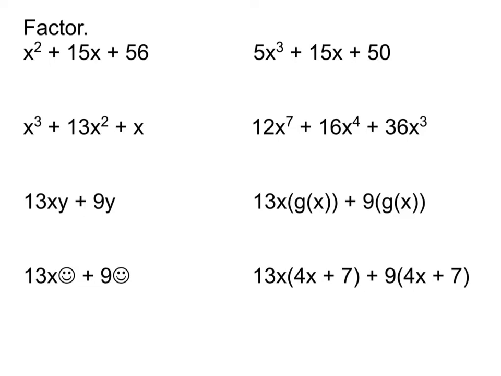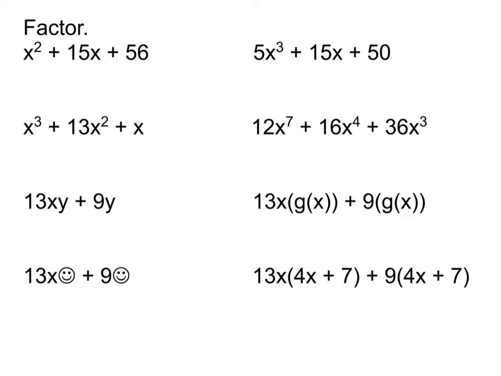For that first one, notice that that first expression has an x squared in it. It starts with x squared. The fact that that is a 2 as our exponent is very telling for what I'm going to need to do with it, because it goes x squared, then x, then number. Whenever I see that, I'm thinking that the method I'm using is what two numbers add to the middle number and multiply to the last number.